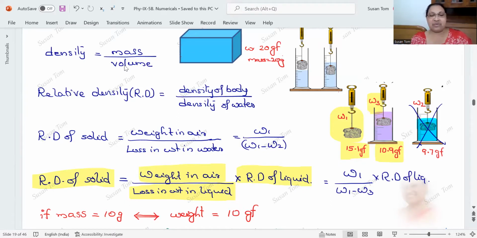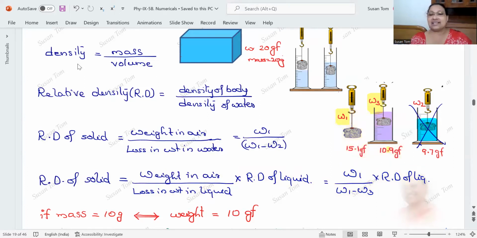In variable form, weight in air is W1. Loss in weight in that liquid is W1 minus W3, into the relative density of the liquid. Using this equation, we can find the relative density of a solid which is soluble in water but insoluble in another liquid whose relative density is known to us.